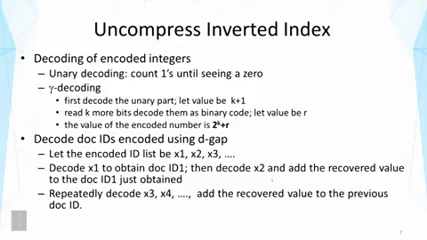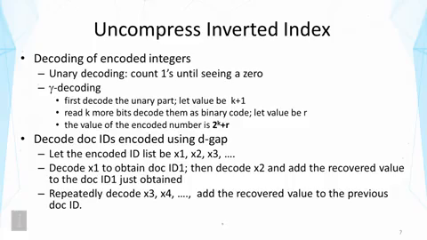So how do we uncompress an inverted index? We just talked about this. First, you decode those encoded integers, and I think we discussed how we decode unary coding and gamma coding, so I won't repeat. What about the document IDs that might be compressed using d-gap? Well, we're going to do sequential decoding.